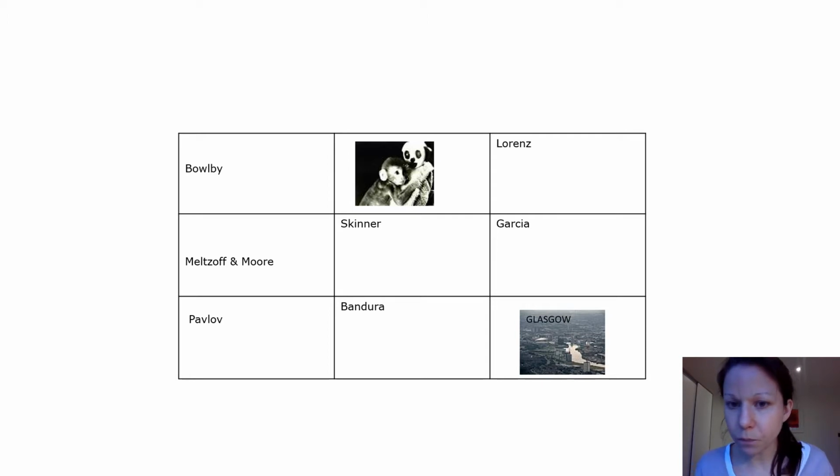And then Lorenz, and this is just our most recent work that you did on Monday or Tuesday, depending on where your lesson fell. And Lorenz, we know, worked with the geese, the goslings, the baby geese, imprinting, found that those infants, although albeit a different species, imprinted, they took the image of the first moving object that they saw, which in this case was Lorenz himself, the researcher, and they almost imprinted that onto their mind.